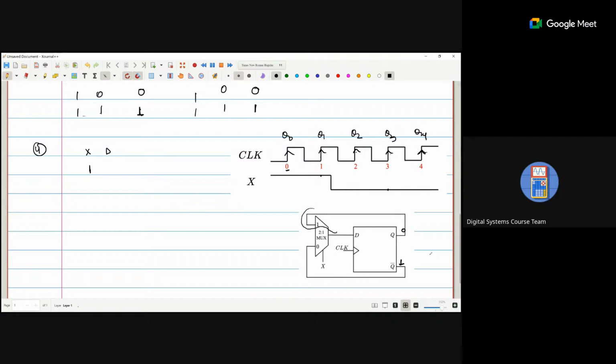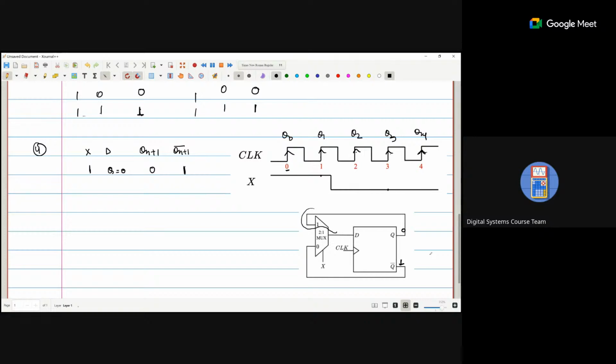So d is nothing but q, that is 0. Now what is the Qn plus 1? That is 0. If Qn plus 1 is 0, what is the Qn plus 1 bar? It is 1.